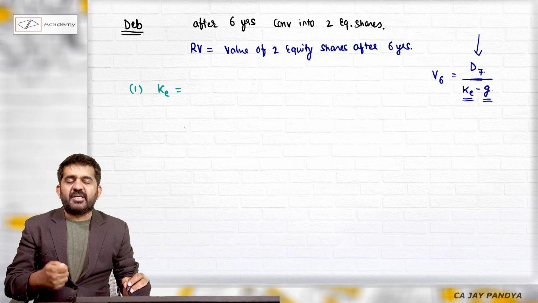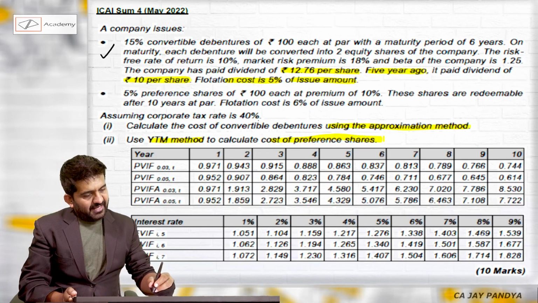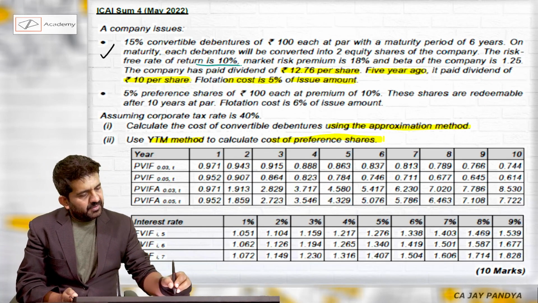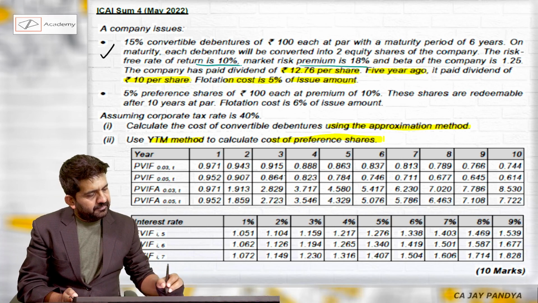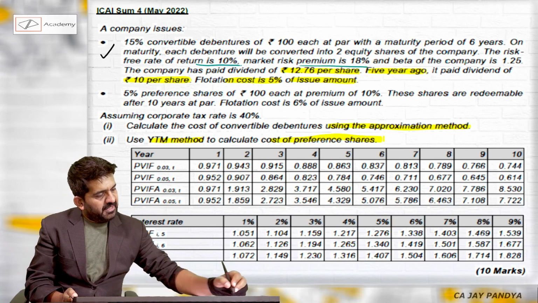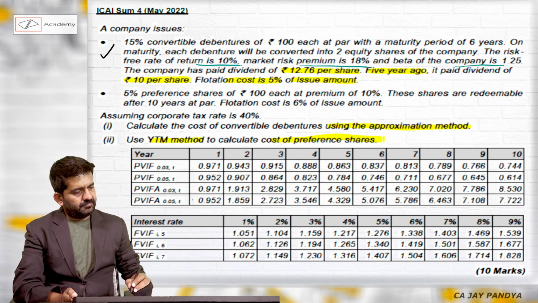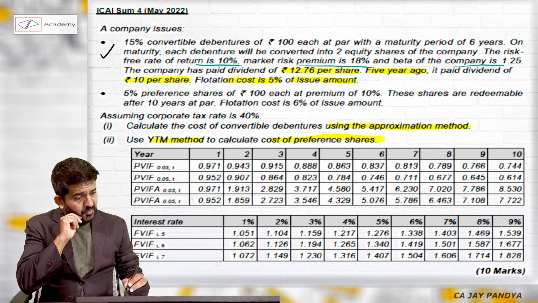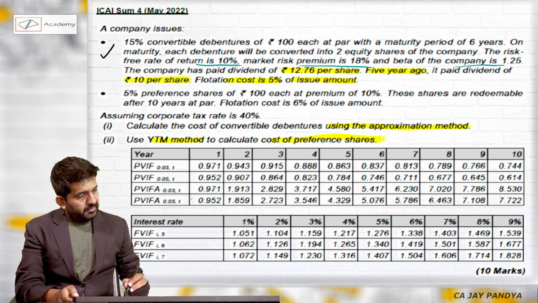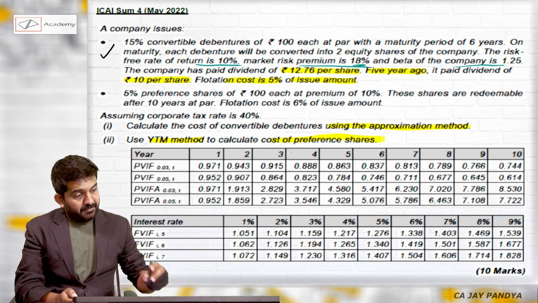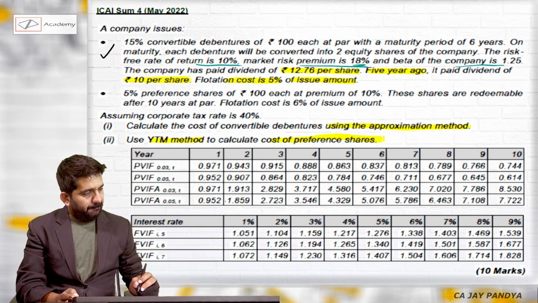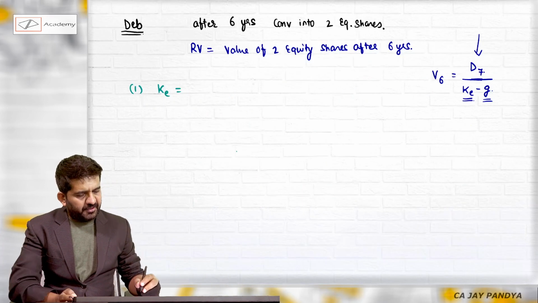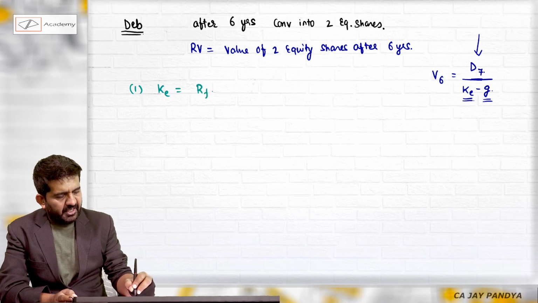I am using CAPM method because I am having RF, market risk premium, and beta of the company. 18% is RM minus RF, it is not RM. The risk-free rate of return is 10%. How to find out KE by CAPM?